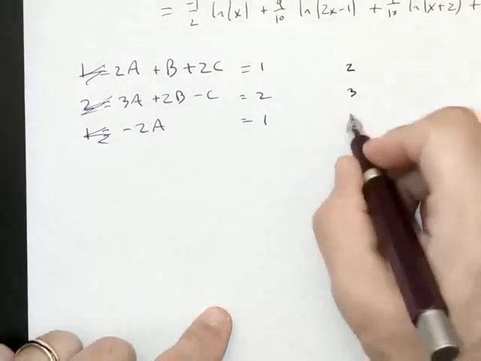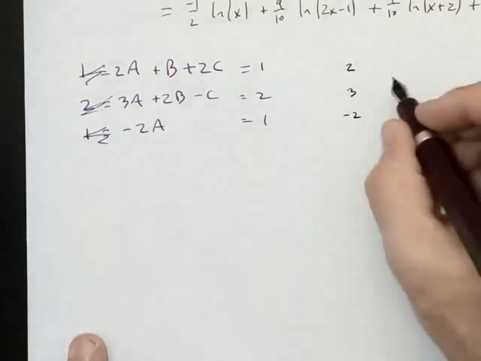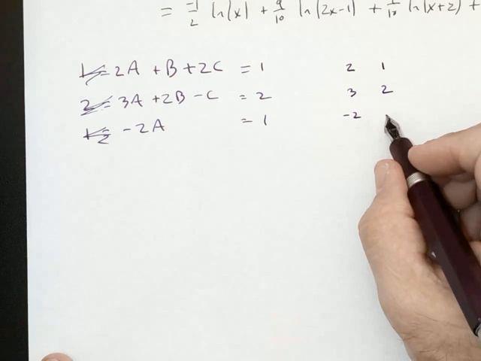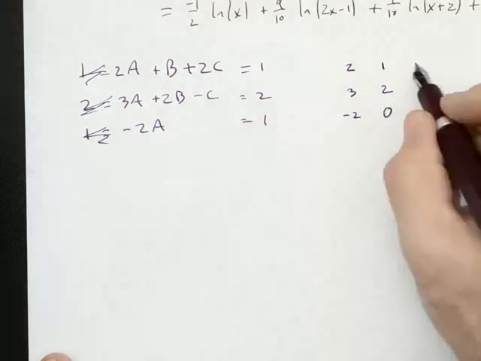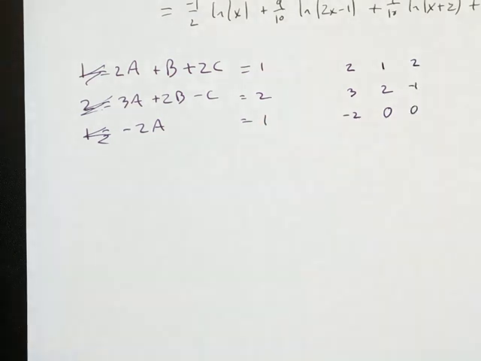2, 3, -2 in a column. I'll write the numbers for the B's in the middle column. So I have a 1 in the first row, a 2 in the second row. How many B's are down here? 0. Same thing with the third column, 2, -1, 0.